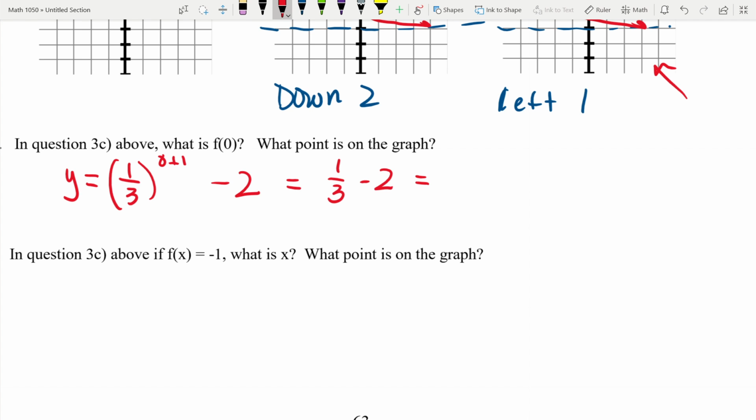Still owe him. How much do I owe him? A full pizza, and then I only gave him 1/3. So how much do I still owe him of the partial one? 2/3. Right? So you can think about it.